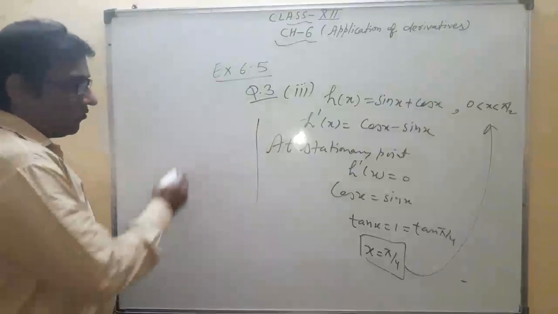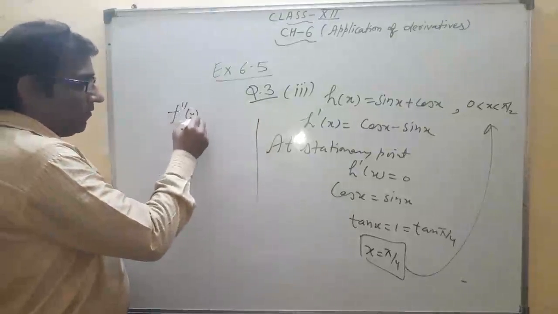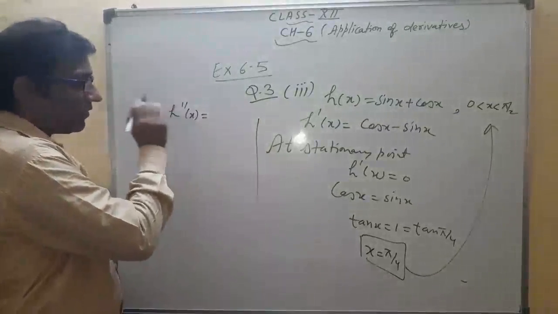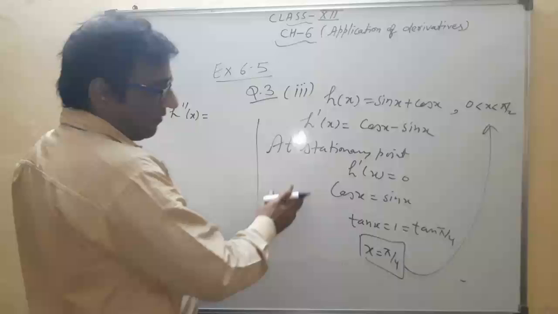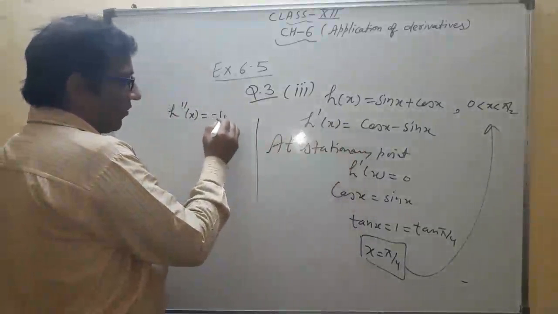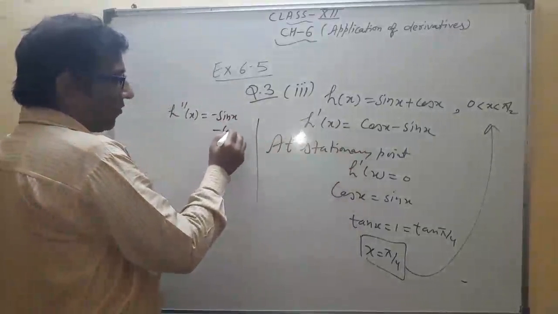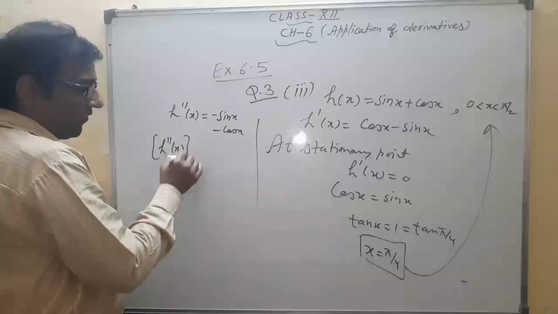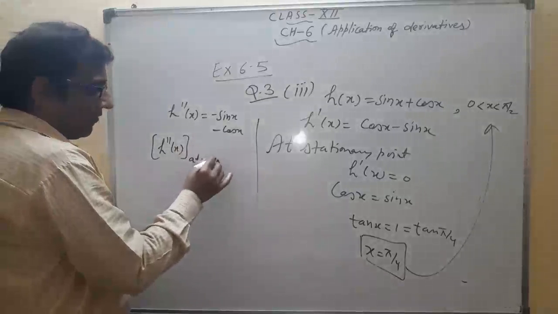After this, again we will go with the double differentiation. It is basically h, so we will write h double dash, and we will do the double differentiation from here. So we will get minus sin x minus cos x. Now we will put the value x equals pi by 4.